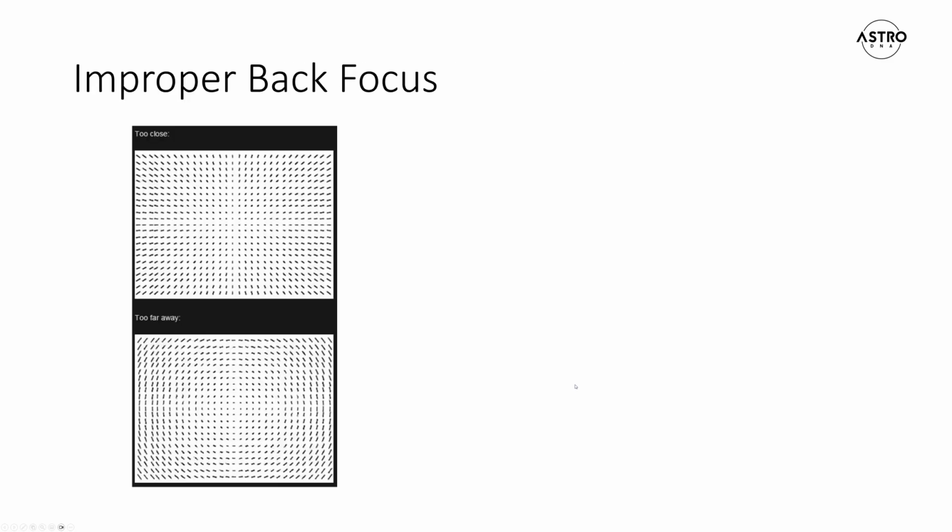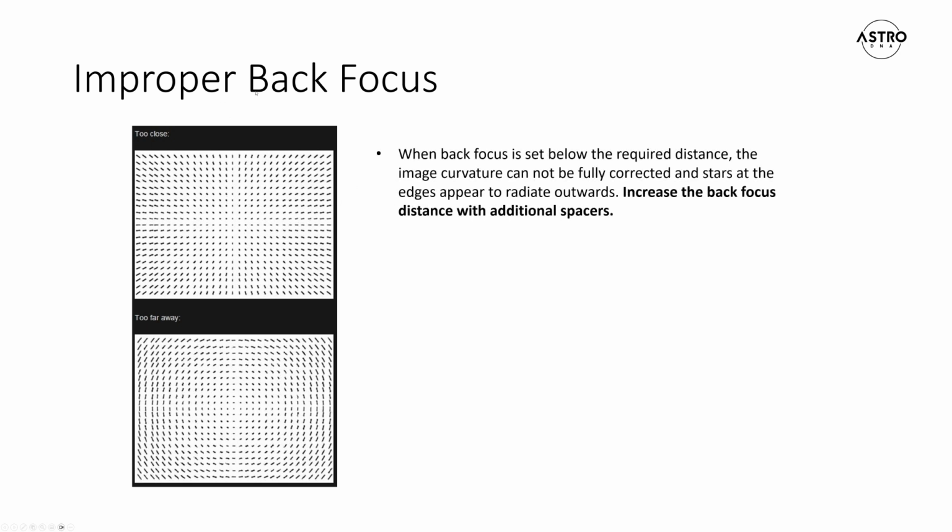I want to also just drop this. This is a great image. It's floating around the internet. It's actually really useful, regardless of the corrective optics that you're using. If you have not achieved your back focus and you are short of where you need to be, you're going to get this radial effect at the edges of your image.